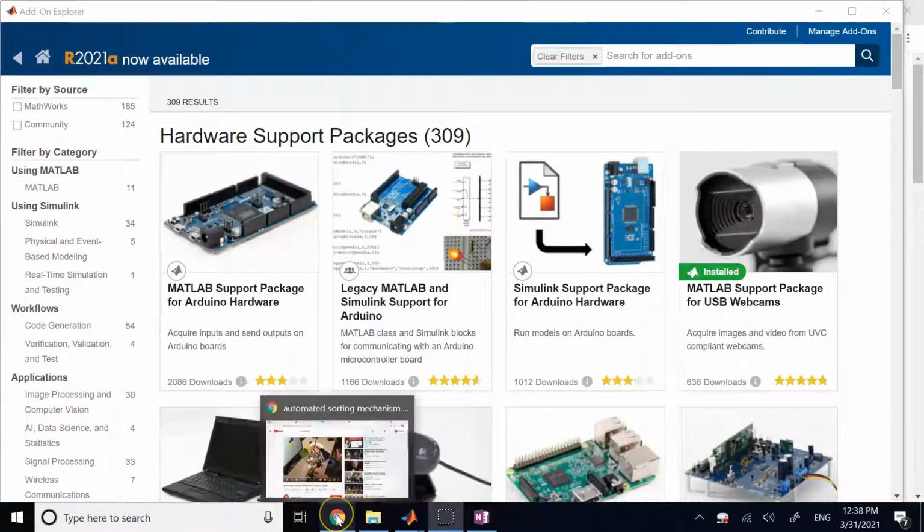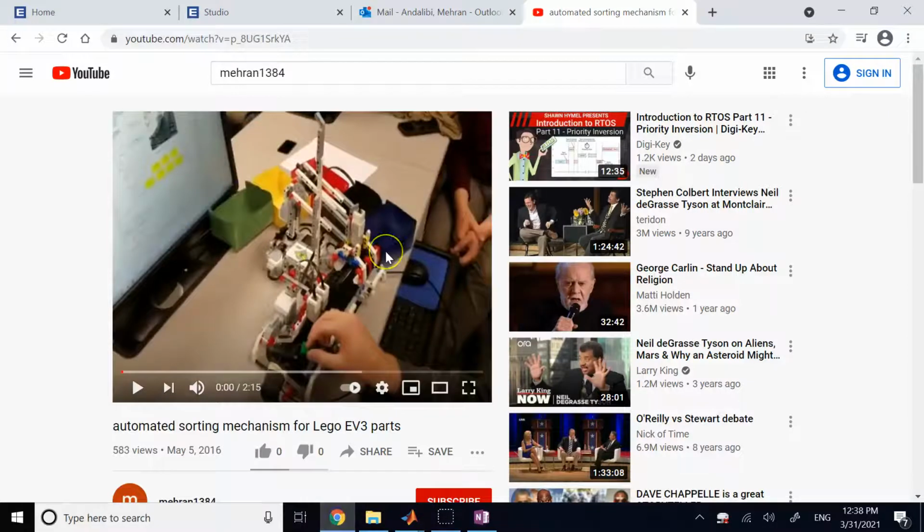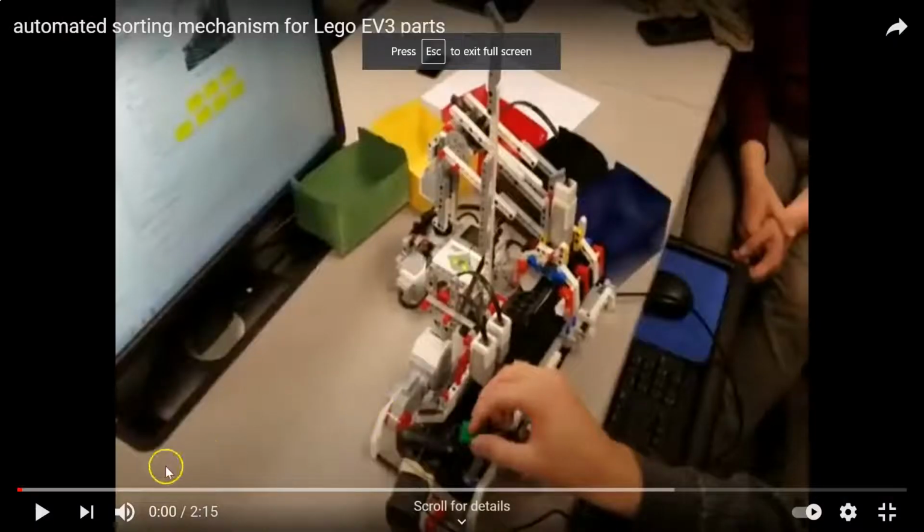So here is the project that my EGR 115 class did a few years ago. Here you see there are two Lego EV3s. One of them is used to run a manipulator robotic arm, and the other one is used to run a conveyor.